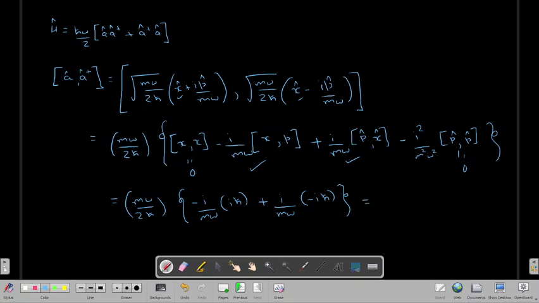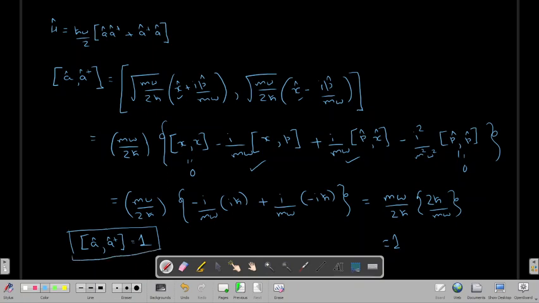So I have now m omega by 2h cross into 2 times h cross by m omega, and this is equal to 1. So this is a very important commutation relation: A with A dagger is equal to 1. Always remember this. We will see some interesting results based on these things in the next lecture. Thank you.